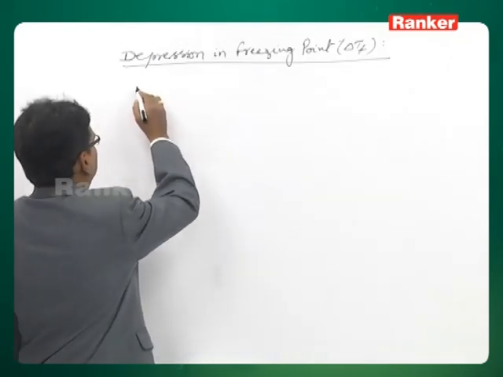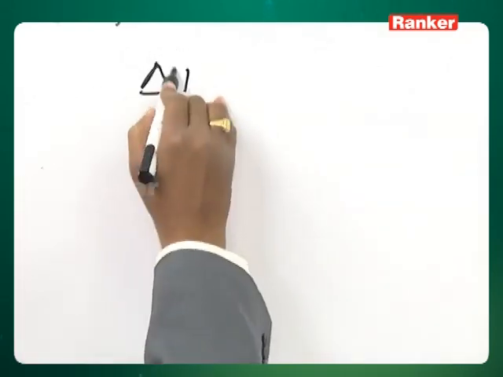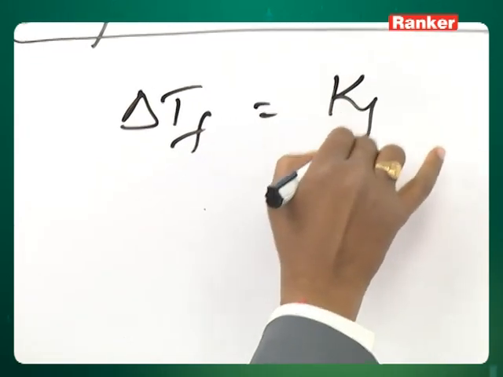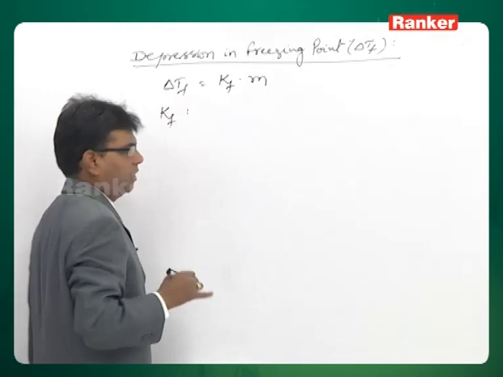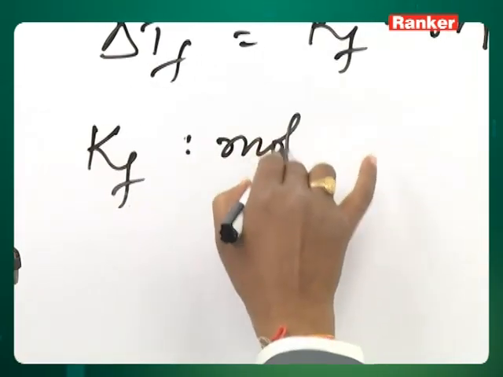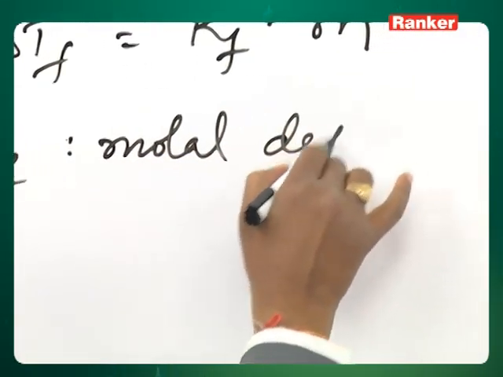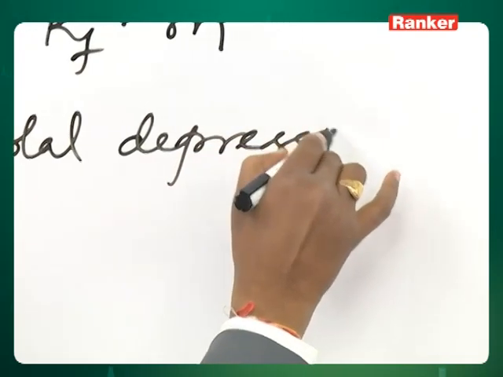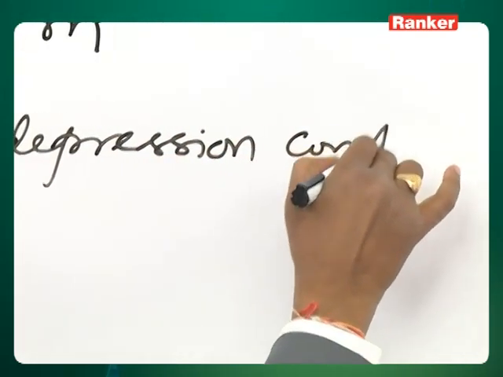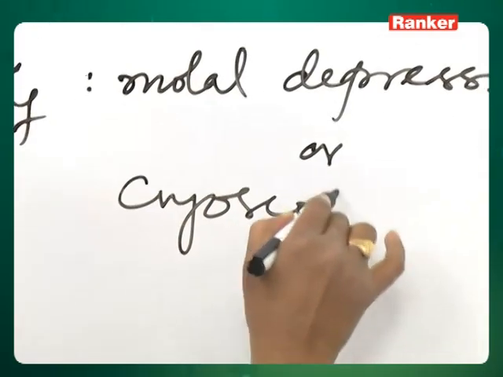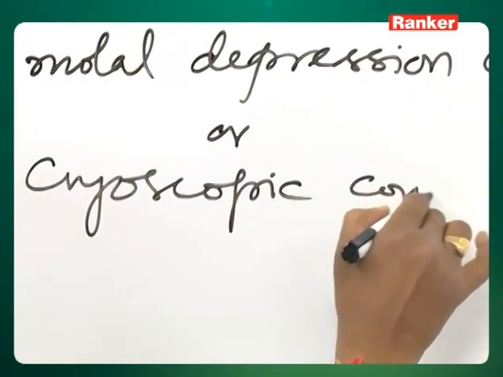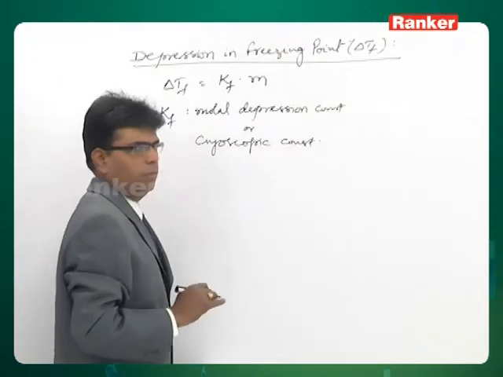So, for depression in freezing point, delta TF is equal to Kf into molality, where Kf is what we are calling the molal depression constant or cryoscopic constant.